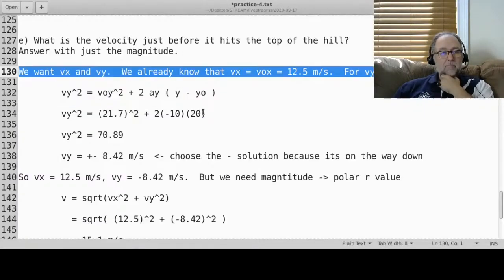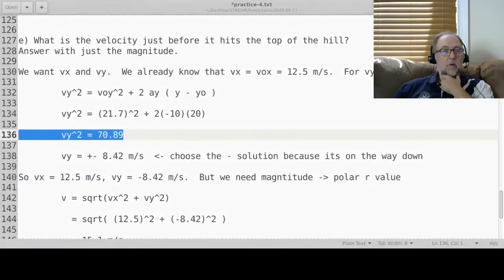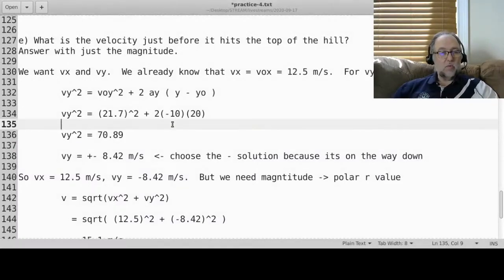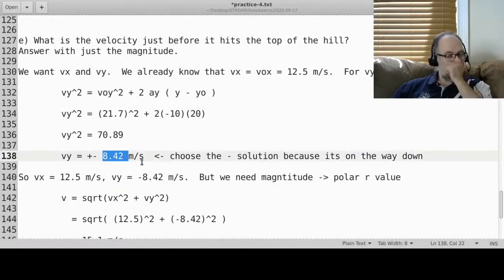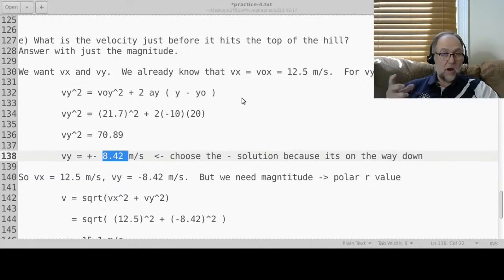Now, with that one, most people will put that number in the calculator and hit the square root, and the calculator will just give you 8.42. That is correct, but it's the square, and so you need to consider both the positive and the negative solution.